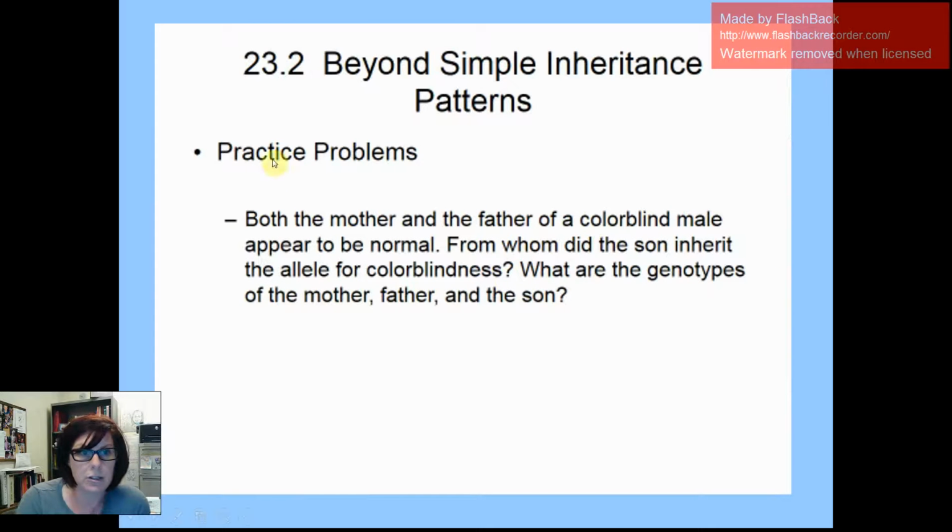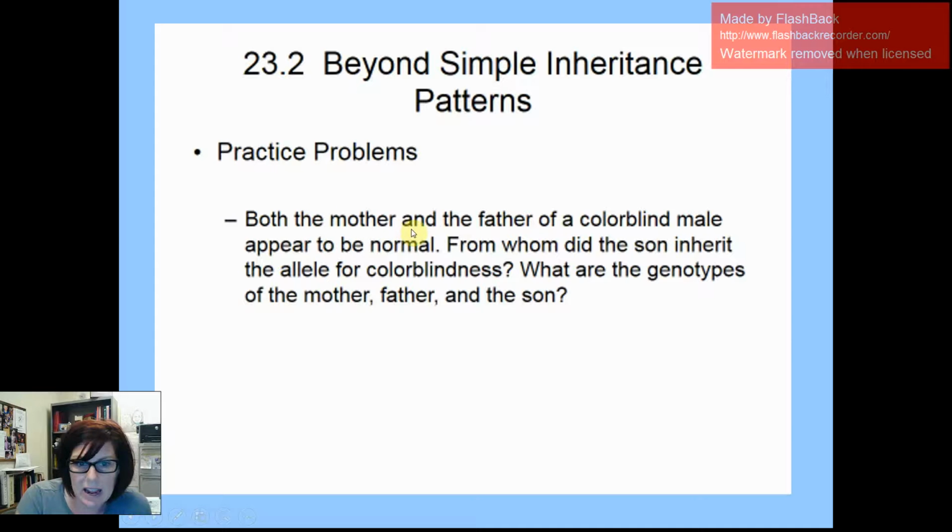Alrighty. So here's a practice problem. Both a mother and a father of a colorblind male appear to be normal. From whom did the son inherit the allele for colorblindness? Well, the son is going to be XY, right? And so he inherits the Y from his dad.